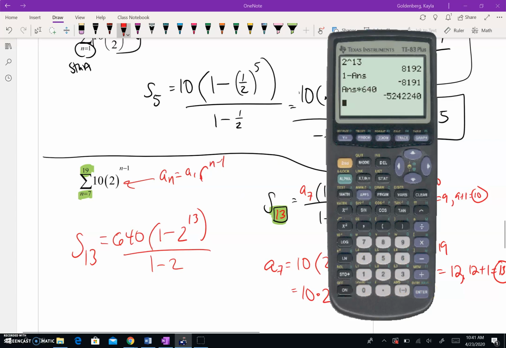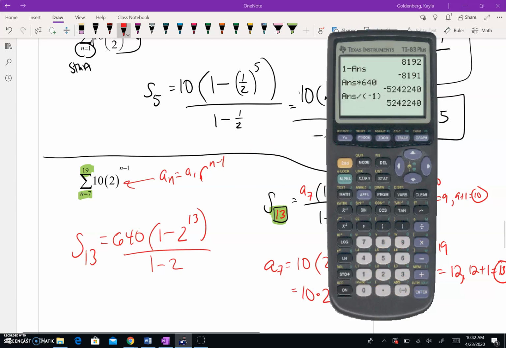If you try and type it all in at once, sometimes you're more likely to make a mistake. And then divide by, oops, that is not working. I'm going to do second answer, divide by, and then 1 minus 2 is negative 1, which is the same thing.